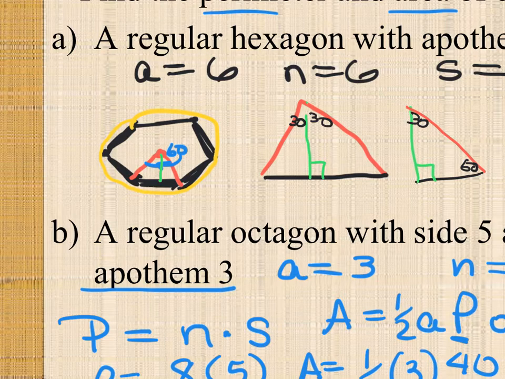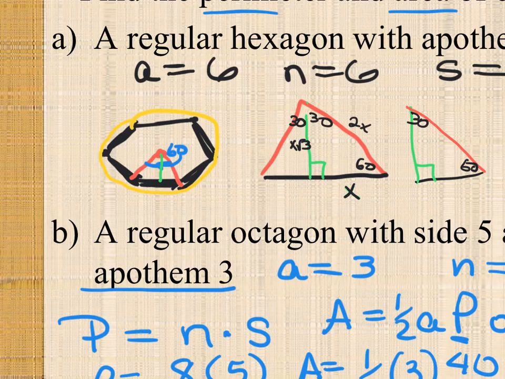Now, remember, in your 30-60-90 triangle, the side across from 30 is x. The side across from the 60 is x square root 3. And then your radius is 2x. Now, what was given to me was the apothem length.